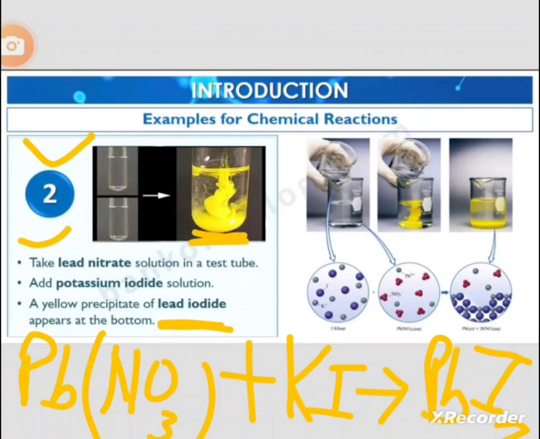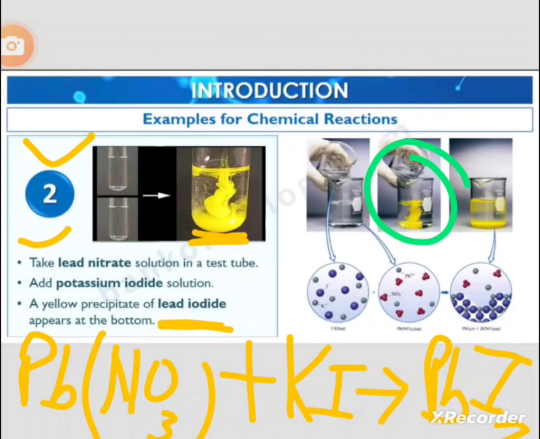So this is the product, and the second product will be KNO3, potassium nitrate. Now we can balance it. That is the next step. First of all, we have to know what the reaction is. When we add lead nitrate and potassium iodide, there is a formation of lead iodide and potassium nitrate, and the yellow color is due to the lead iodide.